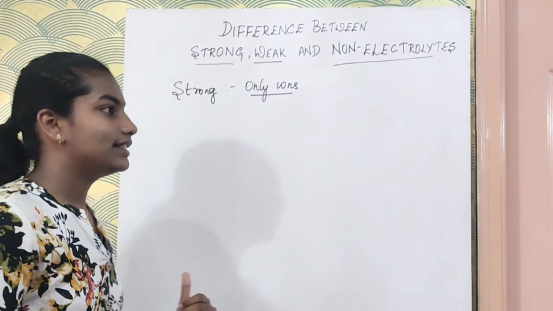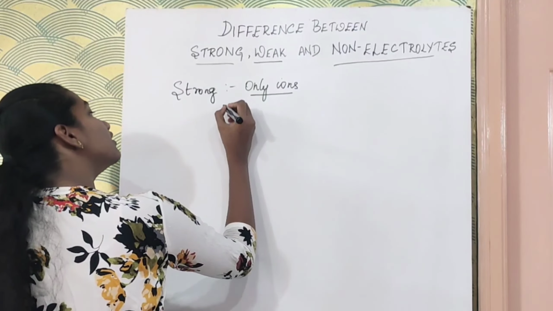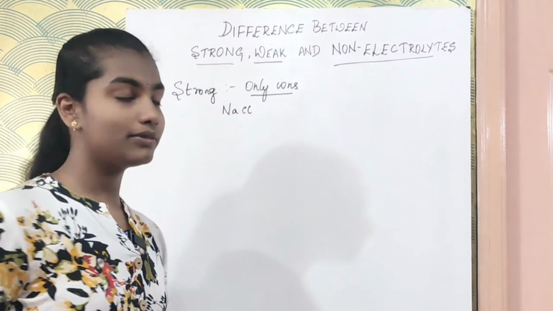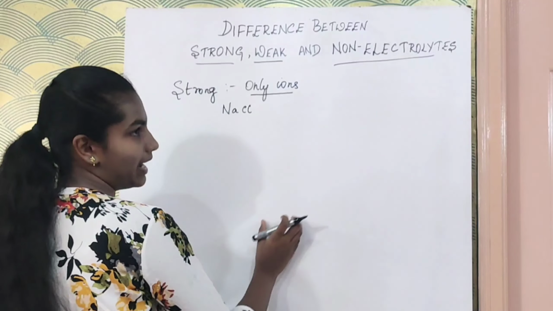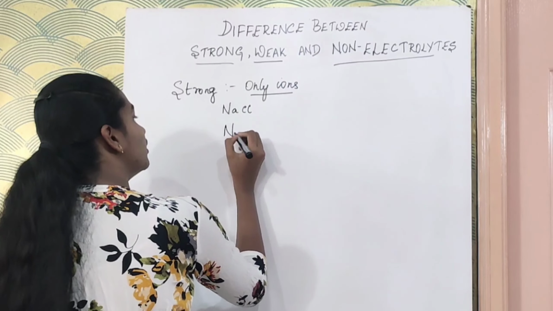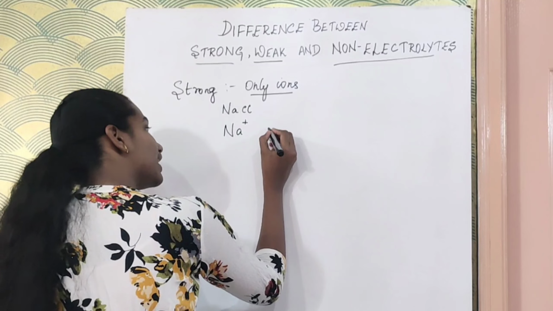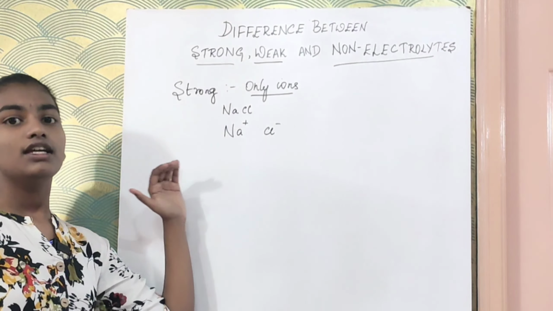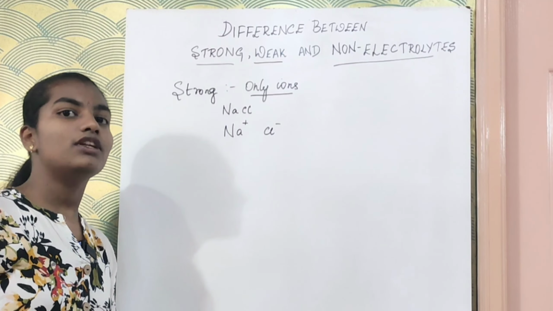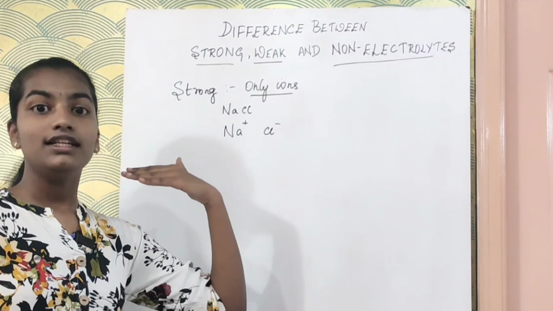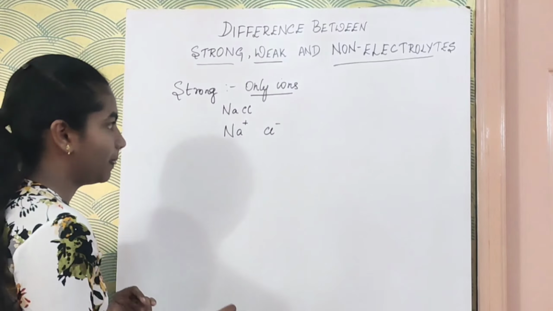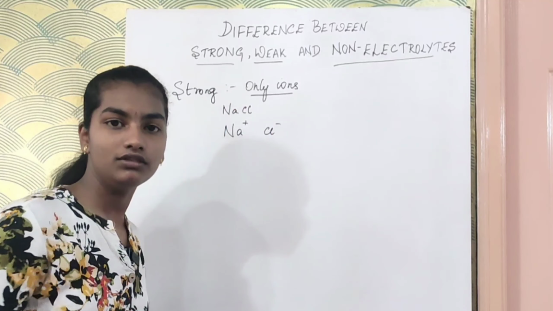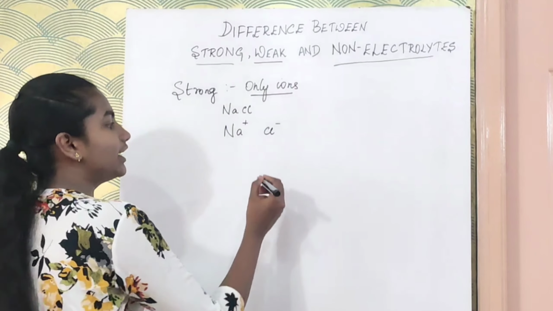For example, let me take sodium chloride. When you split it as sodium and chlorine, it will be Na plus and Cl minus, isn't it? Na is a positively charged cation and Cl is an anion. Now what is the bond formed between sodium and chlorine? It will be an ionic bond.